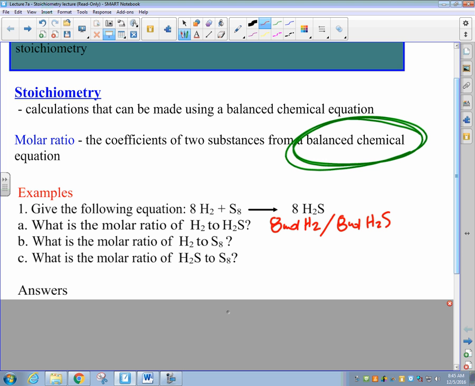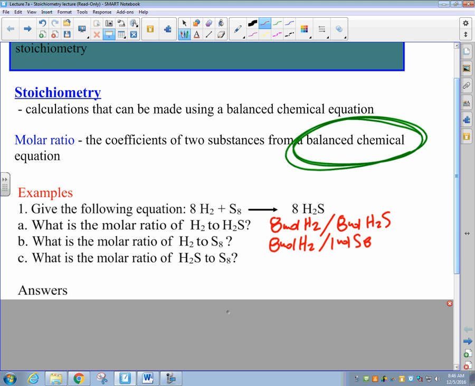All right, second question here, what's our ratio of hydrogen to sulfur described by this balanced equation? For every 8 moles of hydrogen that are consumed, we consume 1 mole of sulfur, right? We have an 8-to-1 mole ratio of hydrogen to sulfur.